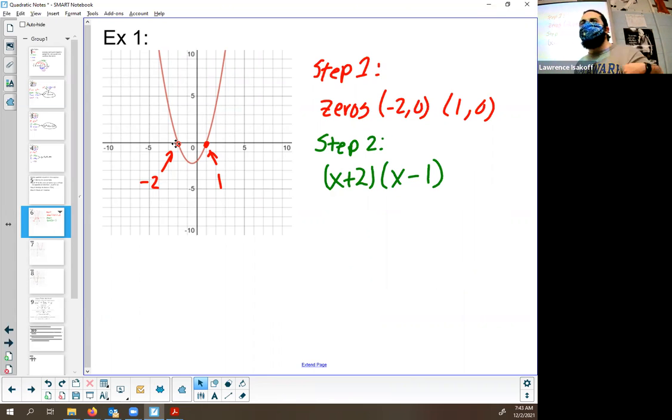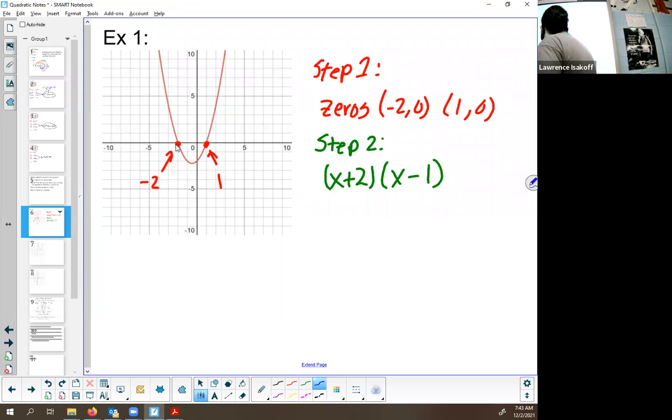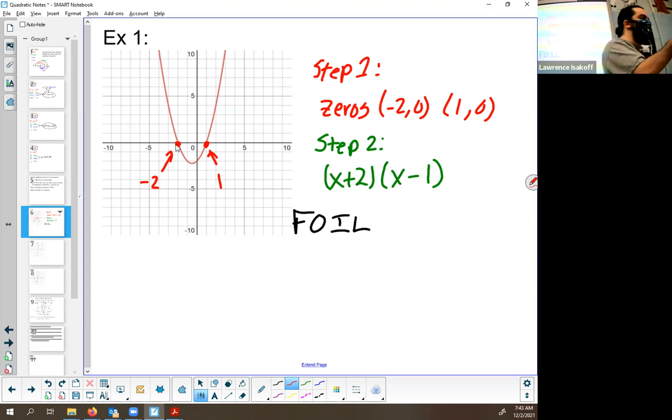Now, set 3 says just use FOIL on this. So now, FOIL. Again, I like to be colorful on it. I like to give you all the support on there.